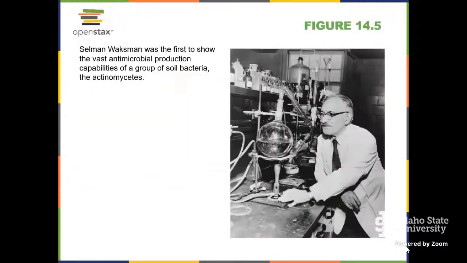Kind of crazy. So Waxman, he was one of the first showing all sorts of other culprits that could be effective at producing antimicrobials. All right. So some soil bacteria, the actinomycetes, lots of different types of actinomycetes.